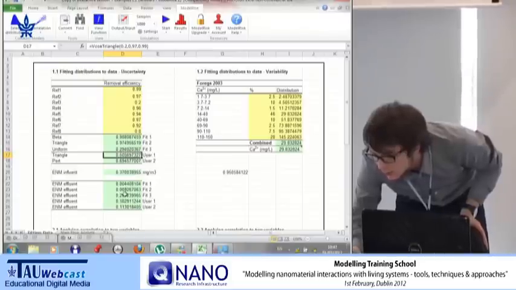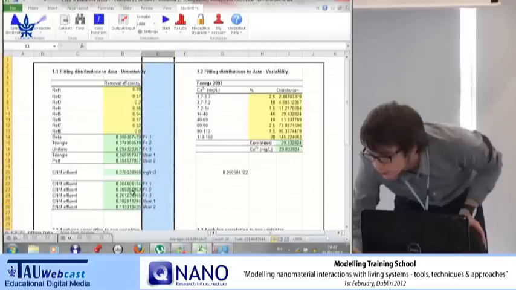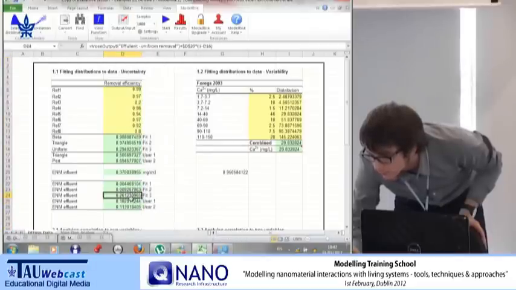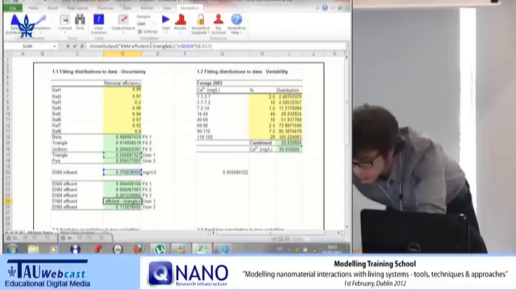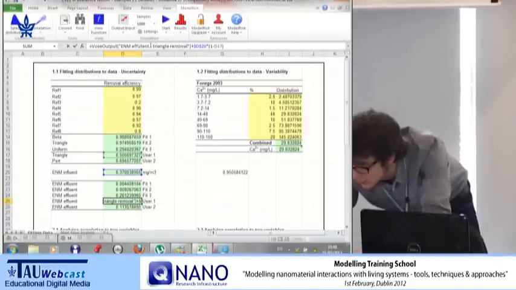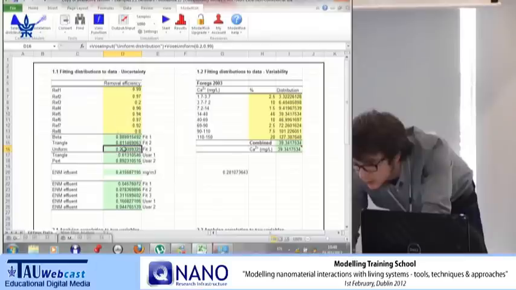And so we're going to look at the influence of those two here. So effluent, uniform, and triangle. Uniform removal, just so we can identify it in the output. These are the inputs we're looking at.